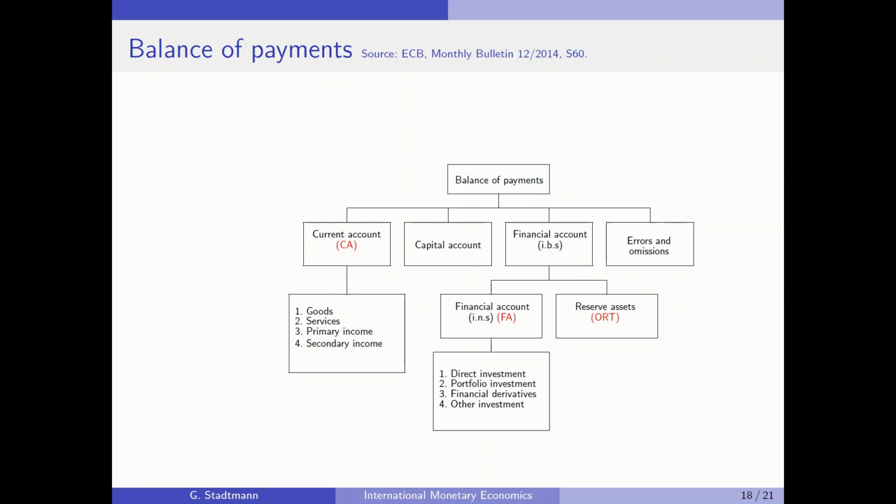So what is very important in this lecture is the current account and its sub-accounts. Then the financial account will be important, the financial account in the narrow sense. And then the reserve assets account will be important in case that we talk about fixed exchange rate systems and the central bank intervenes in the foreign exchange market.